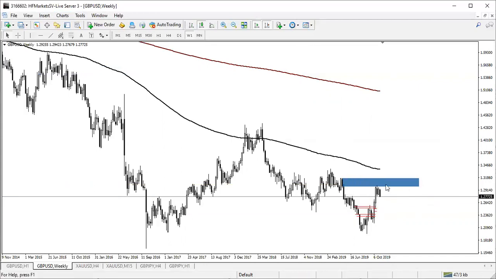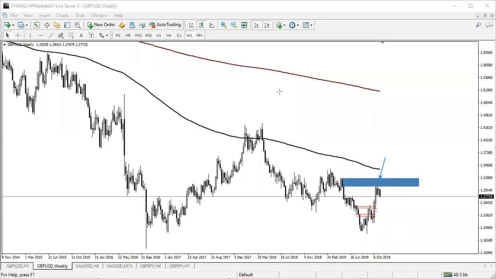So price tapped the supply zone. So you can see that is our supply zone. Price has tapped that zone.